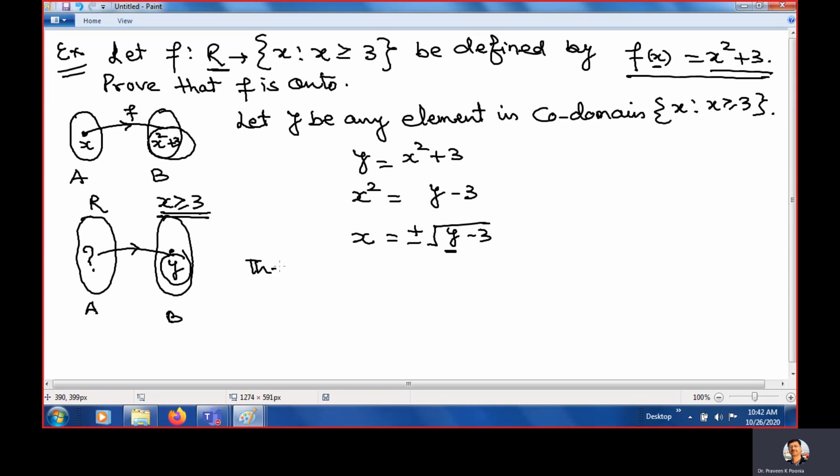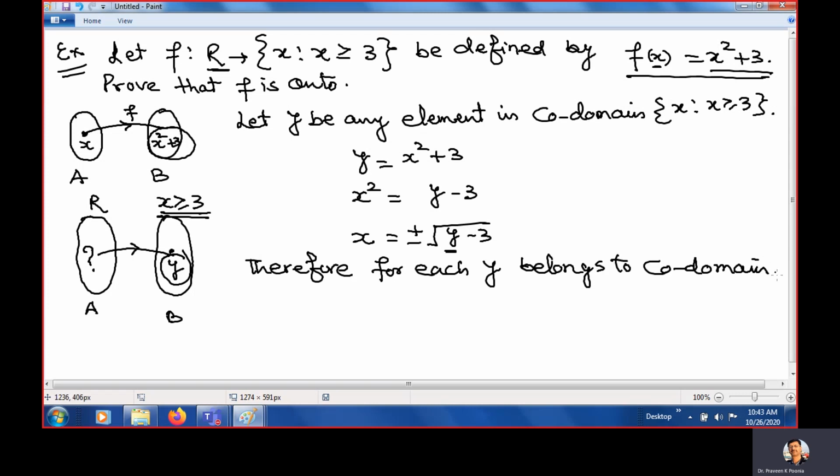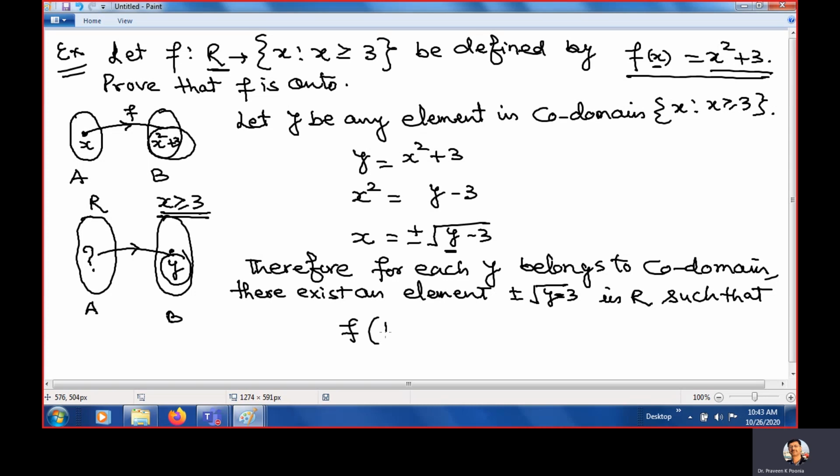So therefore, for each y belonging to codomain, there exists an element, plus minus square root of y minus 3, in R such that f of plus minus root y minus 3 equals y.